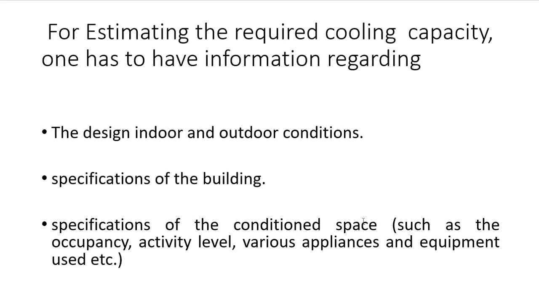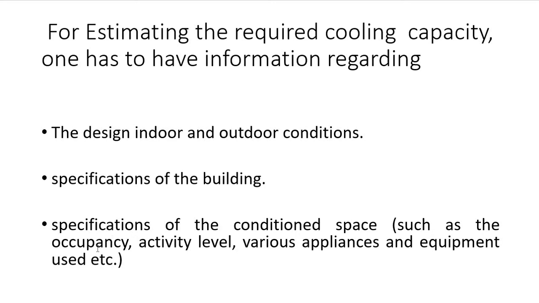The specifications of the conditioned space. For what purpose are we using this conditioned space? Whether it is for a domestic purpose, a room in a house, an auditorium, a conference hall, or a cinema theater. If it is an auditorium, what will be the occupancy?